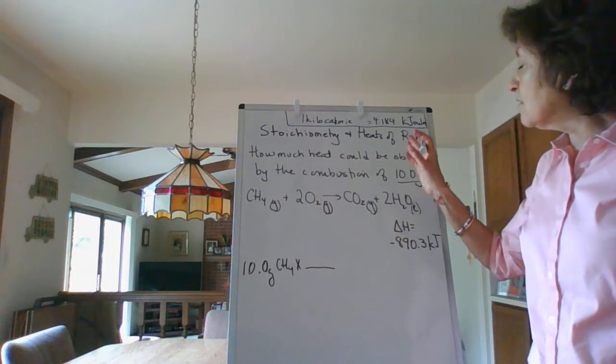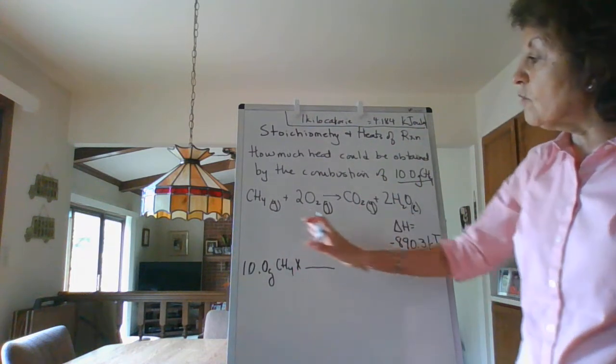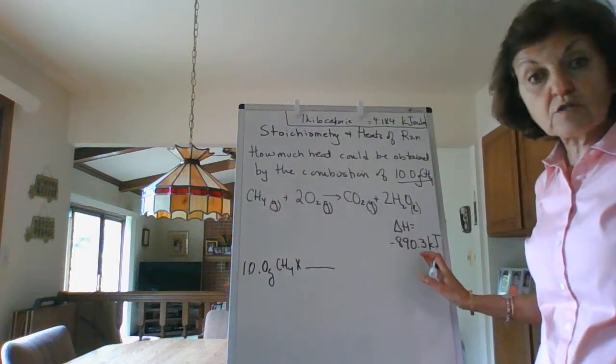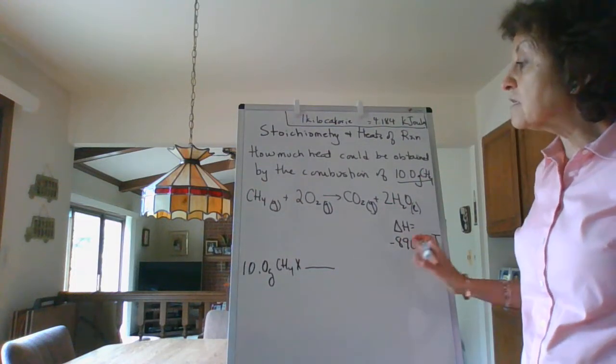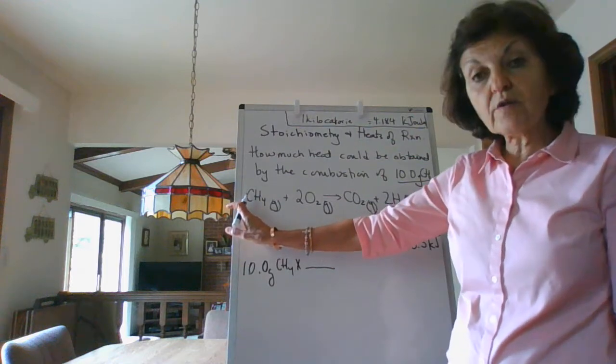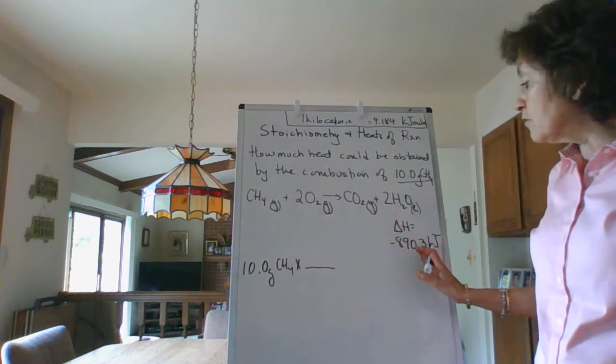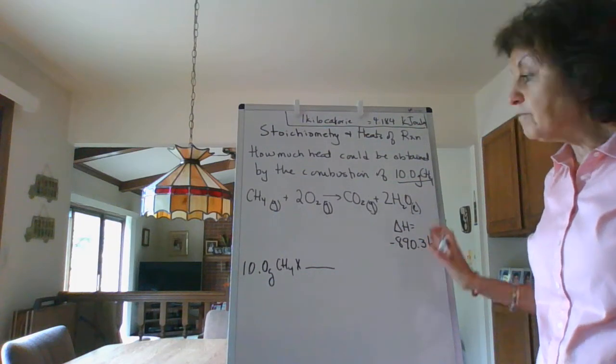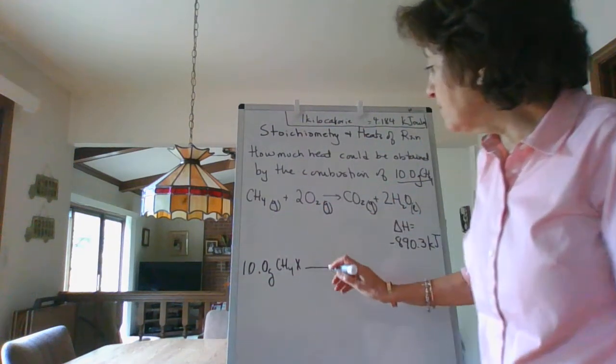But in the thermochemistry stoichiometry, they want you to compare one of these things to the delta H. So basically, for every 1 mole of methane, you're going to be producing 890.3 kilojoules.